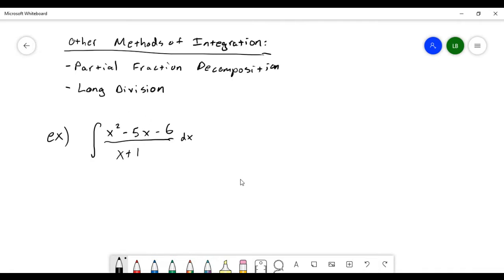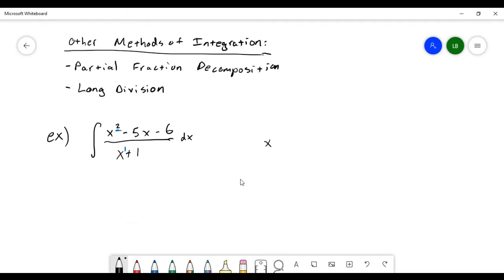So we still need to integrate this, and that's where this method of long division comes in. In general, you want to use long division when this integrand is top-heavy. So, for instance, we've got a 2 on top here and just a 1 on the bottom, so it's top-heavy. Or occasionally when it's balanced as well, and a U-substitution won't work.